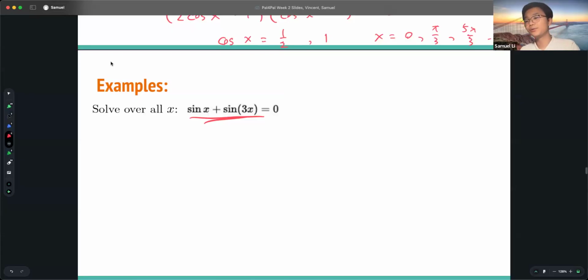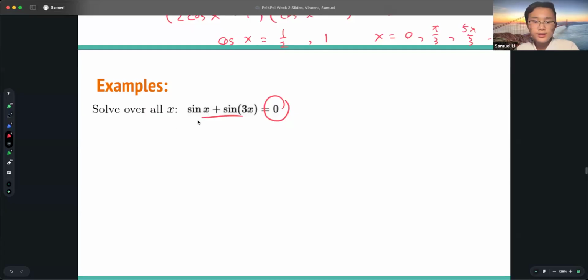Okay, so let's talk about how you would approach a question like this. So as I have alluded to before, we use the sum to product identities. We have a 0 on the right-hand side, and if we could get the left-hand side into a product of some terms, then we know that one of those terms must be equal to 0, and that gives us a lot of information.